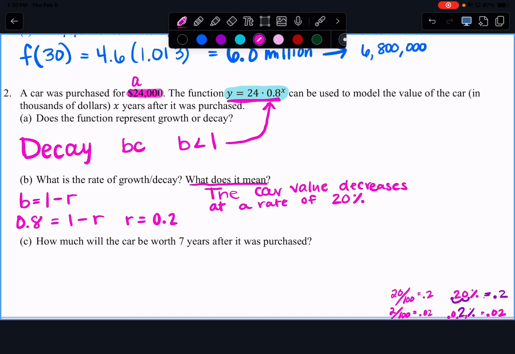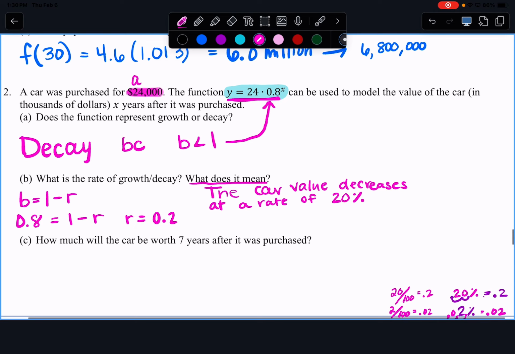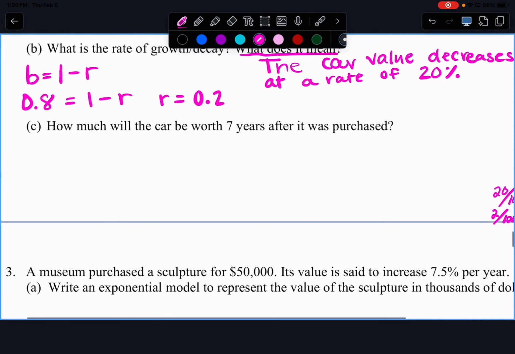Then it asks us to figure out how much the car will be worth 7 years after it was purchased. So we have to find our function. We have our function, don't we? So f of 7 is equal to 24 times 0.8 to the what power?